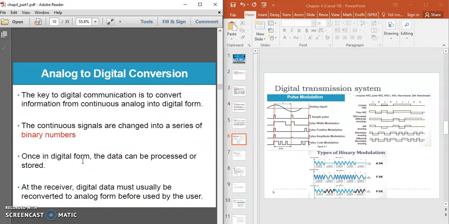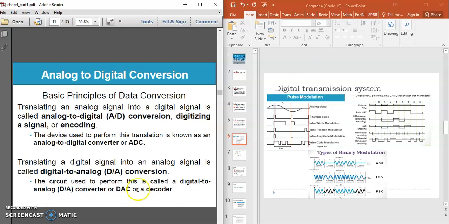Okay. Now, analog to digital conversion. The key to digital communication is to convert information from continuous analog into digital form. At the receiver, digital data must usually be converted to analog form before being used by the user. Okay, this is the basic principle of data conversion.